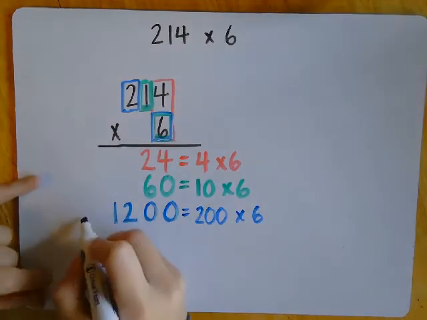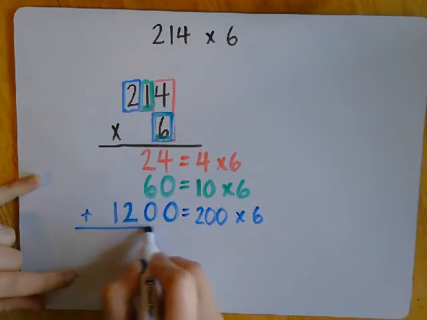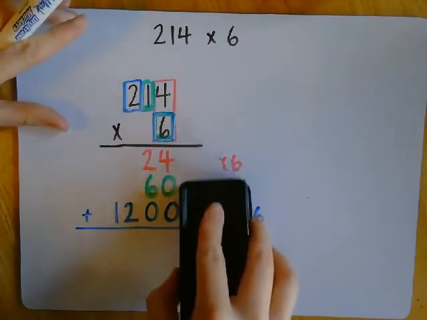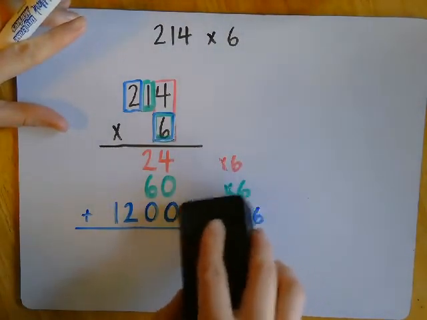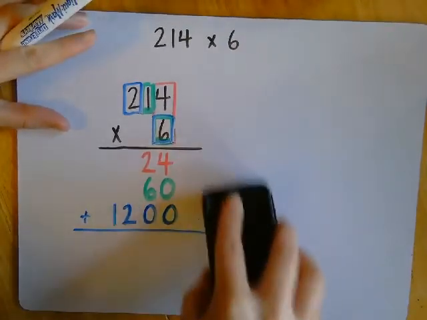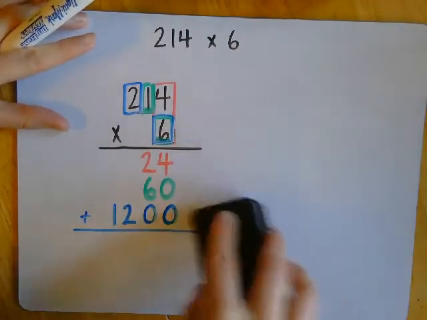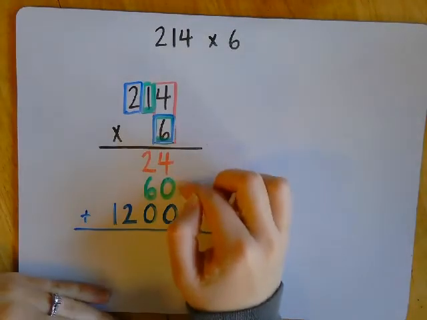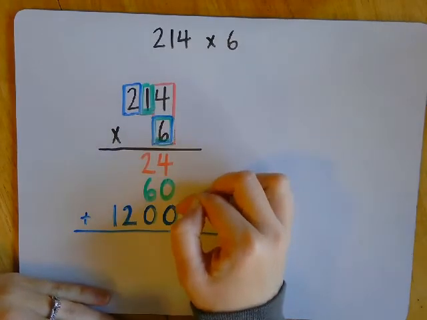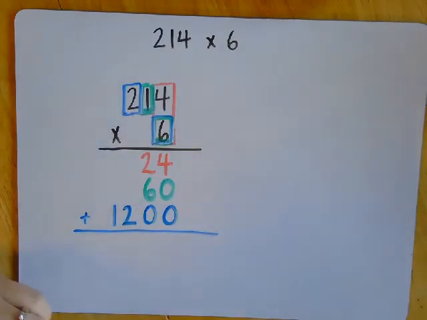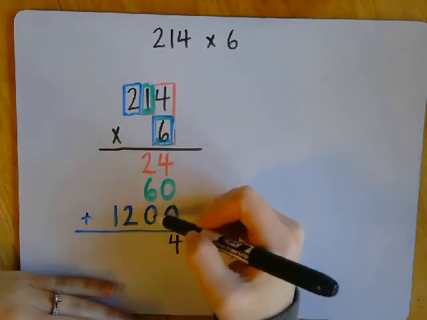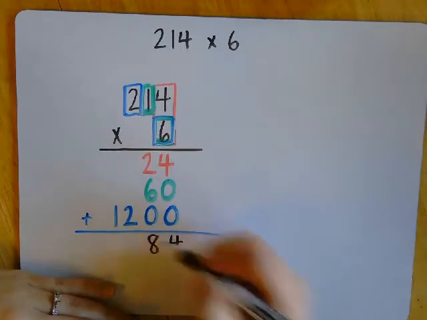Okay, so I need to add up each of these parts, and just so I don't confuse myself, I'm going to just erase that so I can focus on the answers. But if you need to go back and rewatch that part of the video, that's how I got these numbers. Okay, looking in the ones place, of course, 4 plus 0 is still 4. 2 plus 6 is 8, plus nothing is still 8.